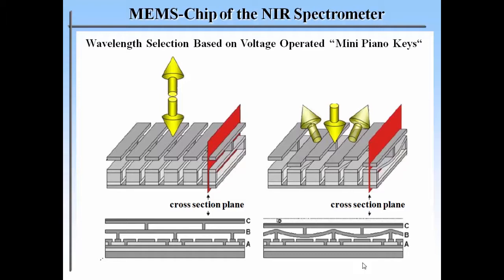All the others remain in the same position. And in that way, you can move up, move down and up again one piano key after the others, and thereby select the wavelengths you would like to send to the detector. It's a little bit more complicated, but this is a basic principle.